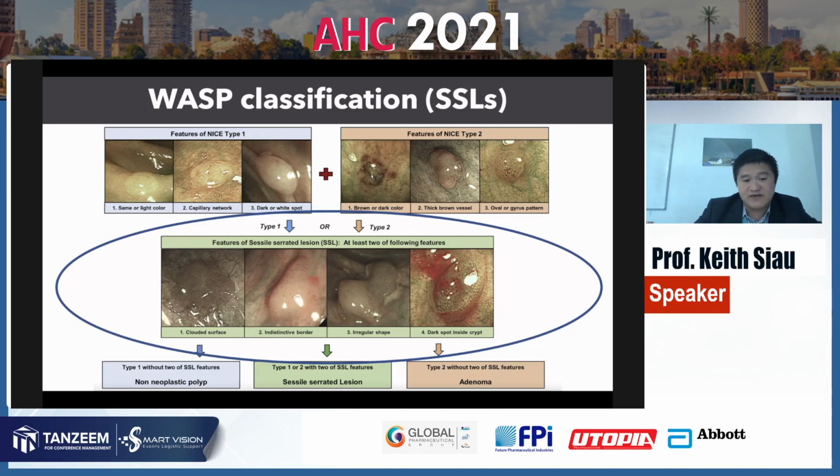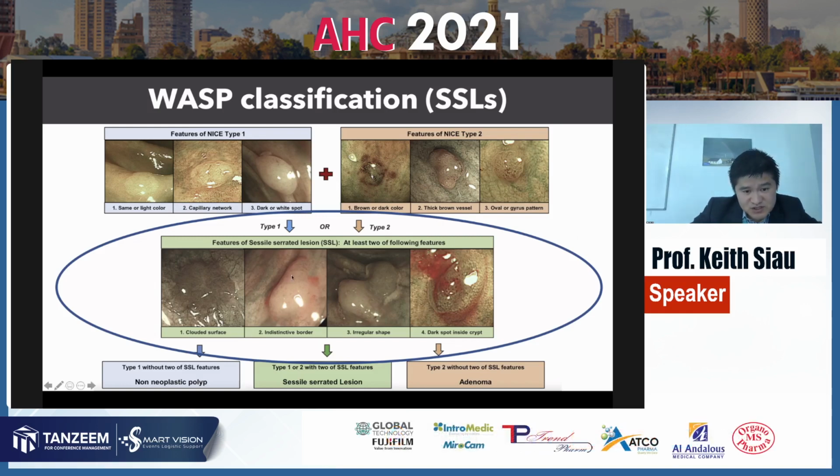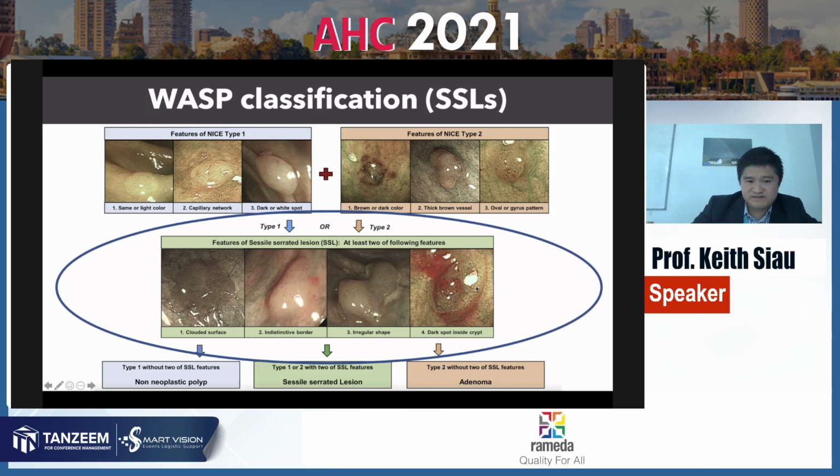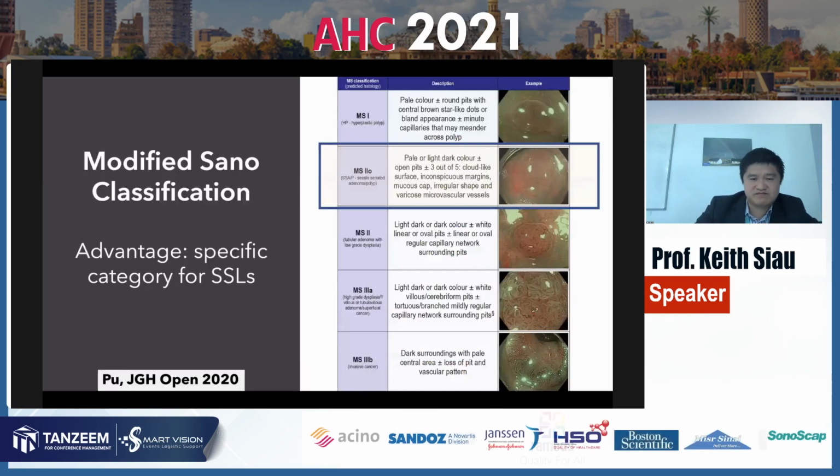So the features of SSLs include clouded surface, a slightly indistinct border, an irregular shape, and having dark spots within the crypt. I think that actually having a mucus cap is also a really, really good indicator of SSL.